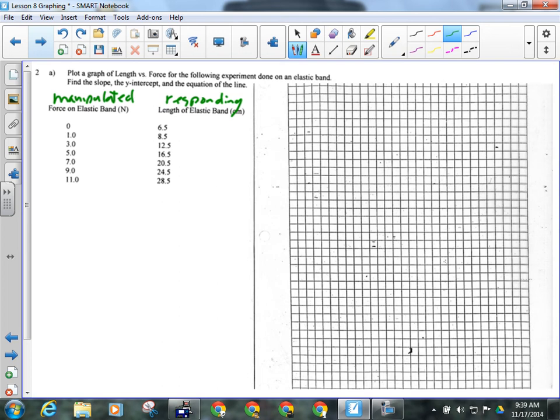Have extra? Oh, thanks. All right, I want you guys to graph those two things on your graph.